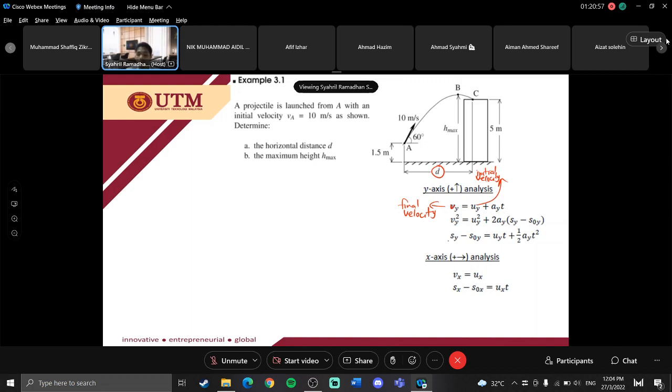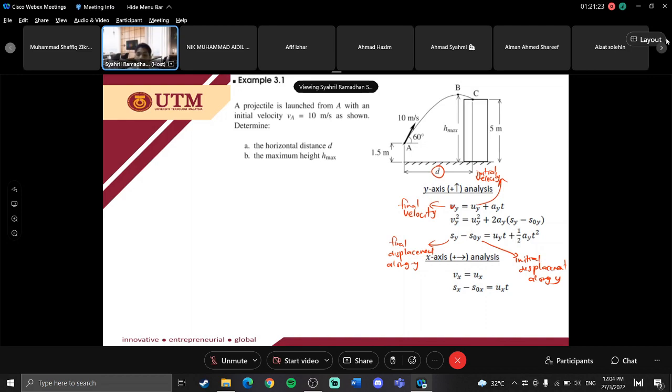SY means the final displacement along Y, and S naught Y represents the initial displacement along Y. All right, so this is the information that you need to know.